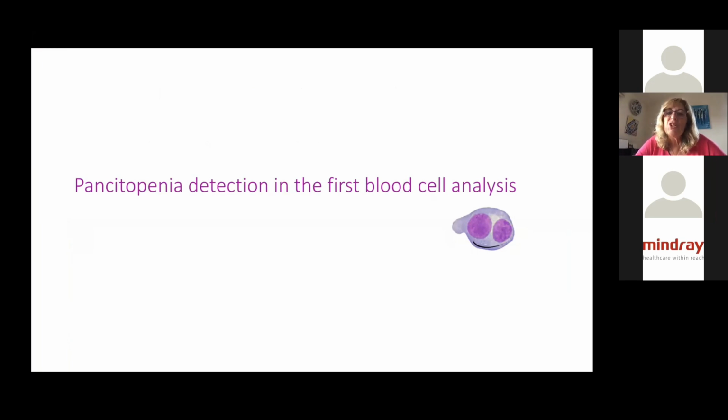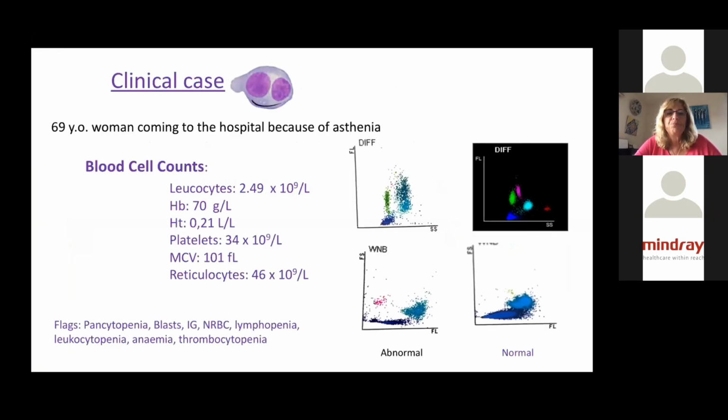Pancytopenia detection in the first blood cell analysis. Here we have everything low. Leukocytes are low, platelets are low, red blood cells are low. The first case corresponds to a woman coming to the hospital because of asthenia. You can see a low number of leukocytes, 2.49, 70 for hemoglobin, 34 10 to the 9 for platelets.